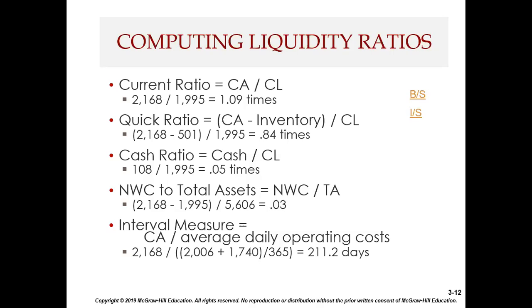If our daily activities cost us $10 and we have $21.68 to use to spend them, then we have about 211 days worth of assets to fund our daily operations. So this is a really good thing, as I mentioned in your book, for startups to see when are we going to need more financing.